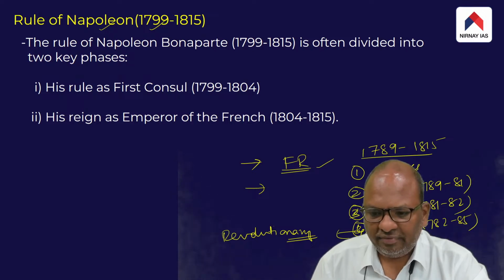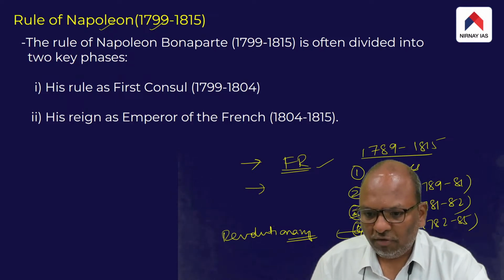Then the fifth phase is what we call the rule of the Directory.